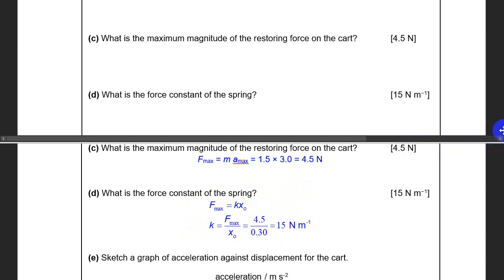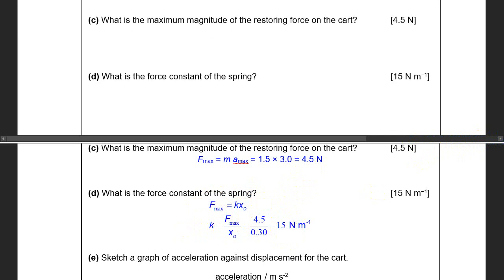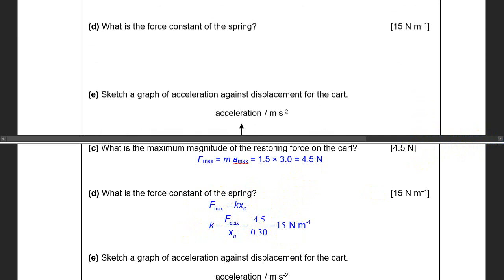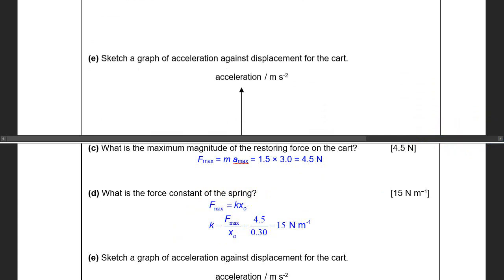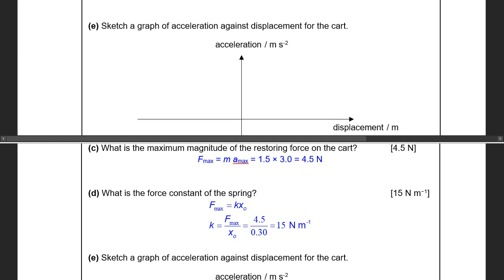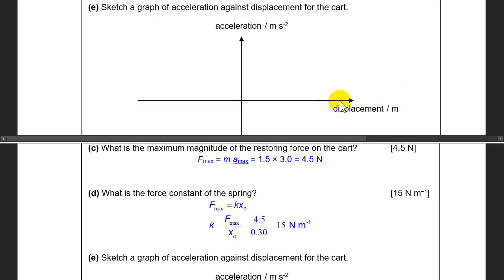And finally, part E, they ask us to sketch a graph. They want us to sketch the graph of acceleration against displacement. We know that there's a formula for acceleration in terms of displacement. If you refer to the last page on the summary, there are a lot of formulas for acceleration, for velocity, for time, and so on.